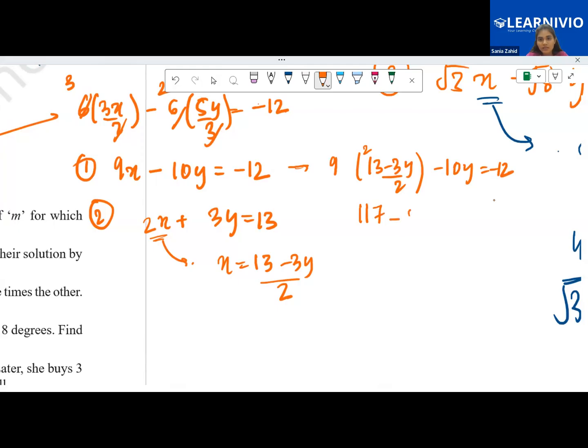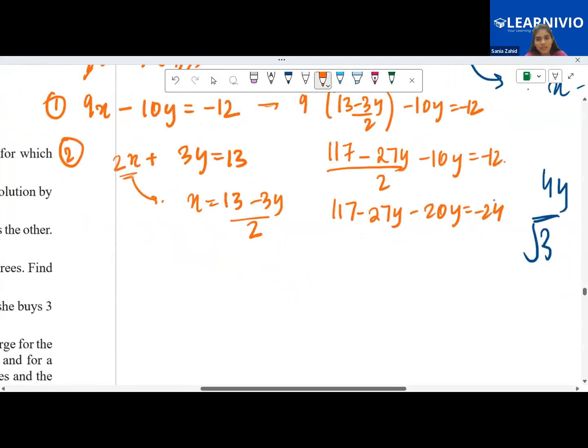117 minus 27y over 2 minus 10y is equal to minus 12. So I get 117 minus 27y minus 20y is equal to minus 24. So minus 27y and minus 20y becomes minus 47y is equal to, you add this to this number, minus 141.